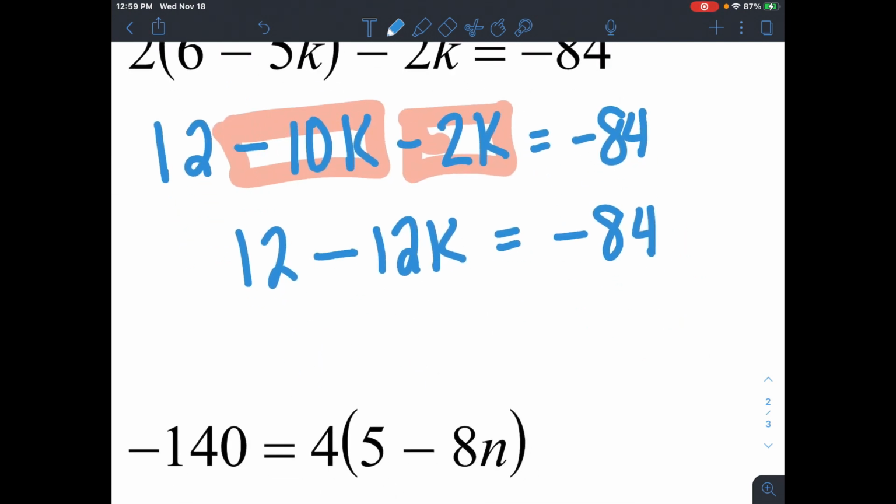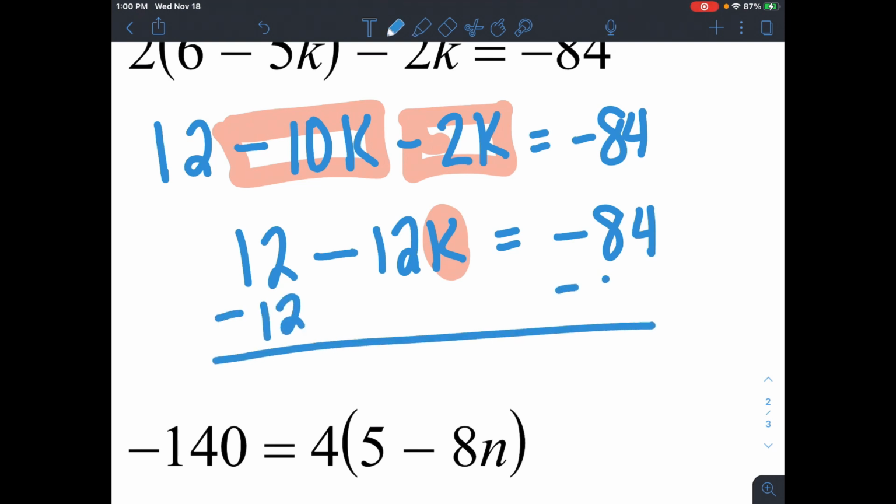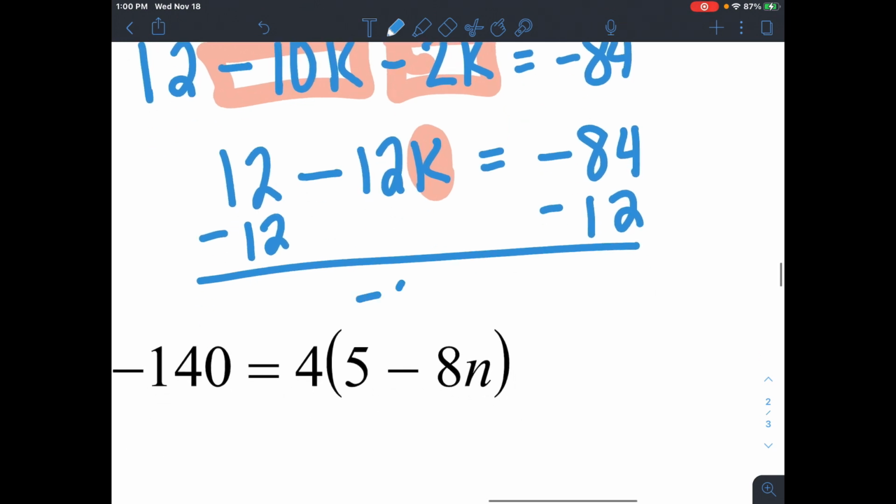We want to get k by itself. First I'm going to remove this 12, so I'll subtract 12 from both sides. Negative 12k equals negative 84 minus 12. If you don't know that off the top of your head, you can absolutely just type that into your calculator, but it's negative 96.